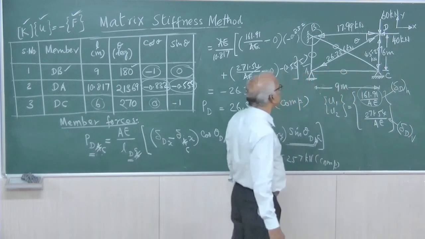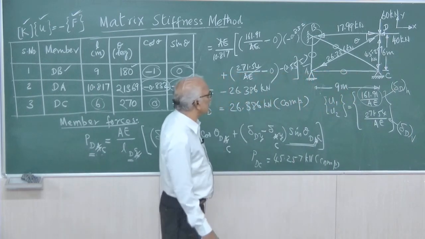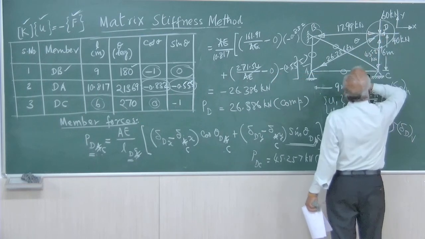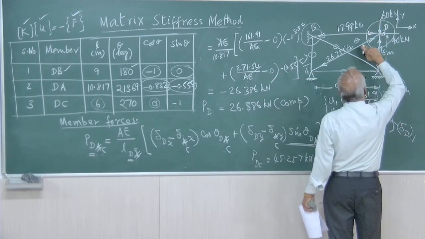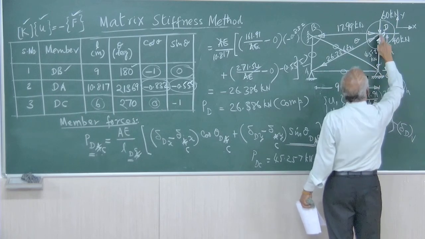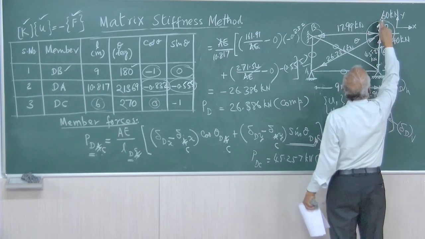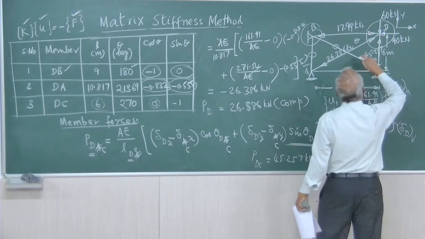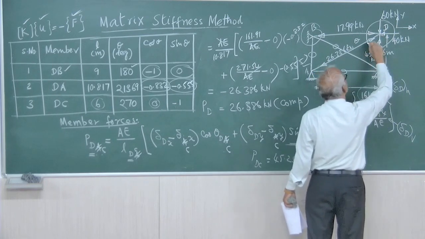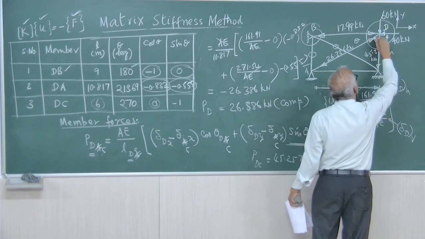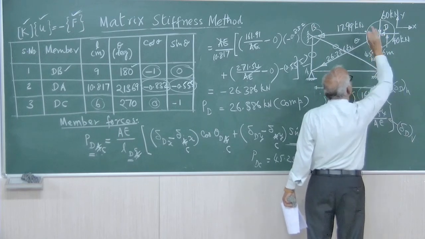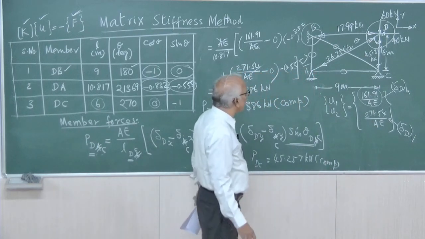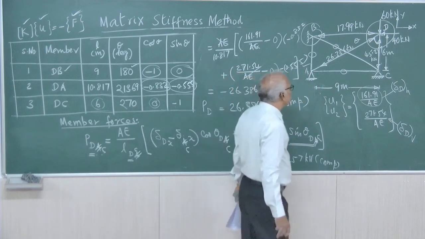And actually, we can also check the values. At this joint, find the vertical component of this force plus this force, which will be equal to 60. 60 will be 45.257 plus 26.386 into this theta. That will give you the vertical component. We will find that sigma V equal to 0. Similarly, sigma H equal to 0.